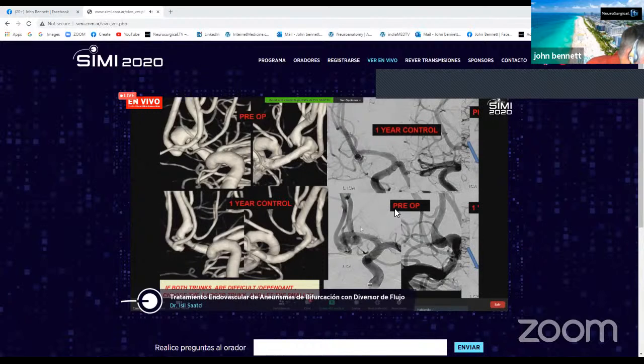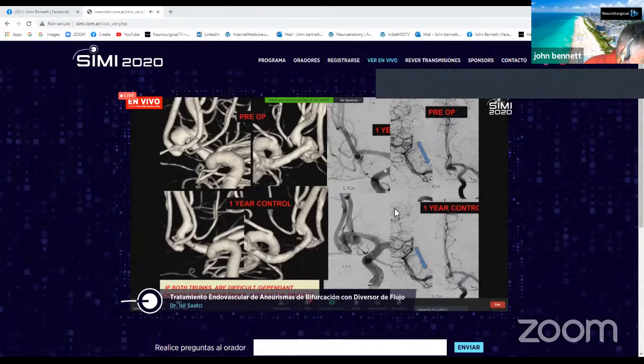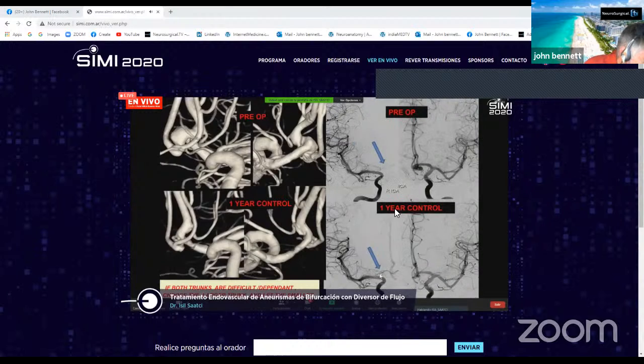The aneurysm is gone, and same hemodynamic effect. The contralateral A1 got bigger in the 1-year control to provide the flow demand, so that there is no less flow from the contralateral side.